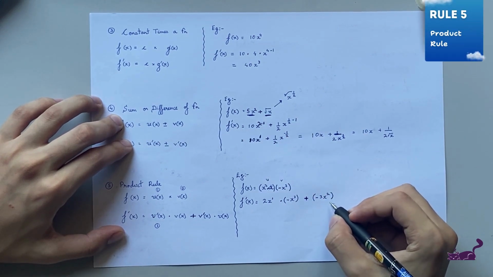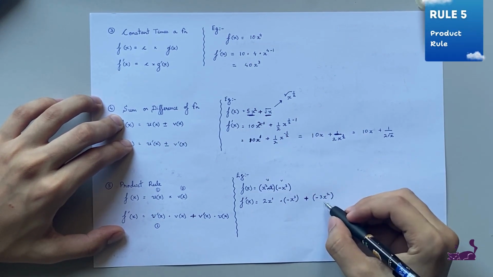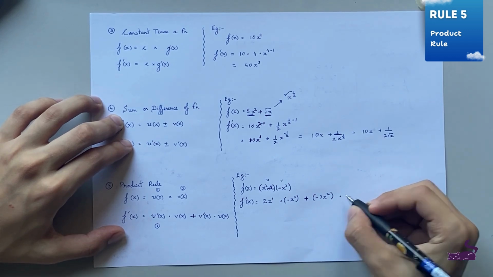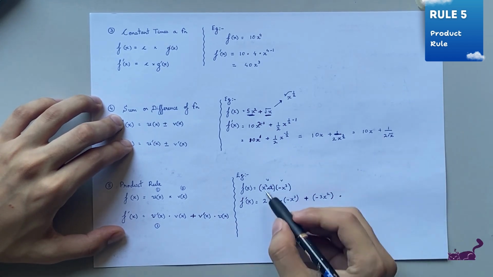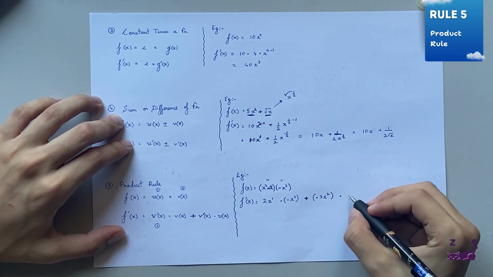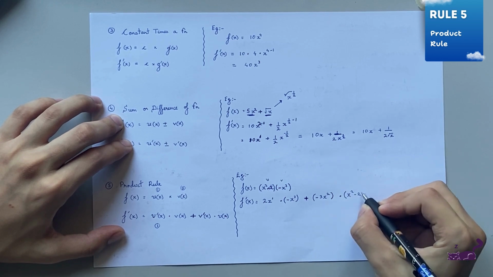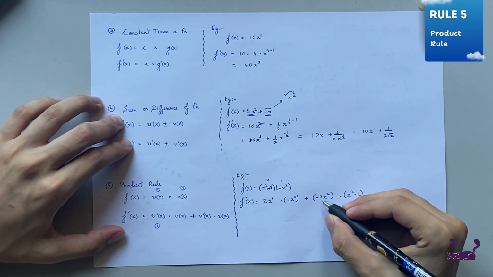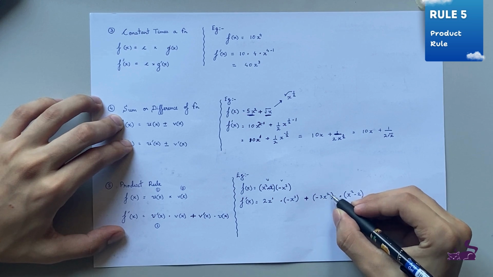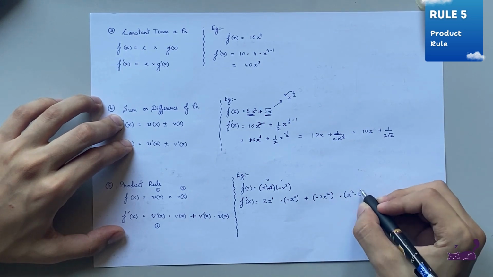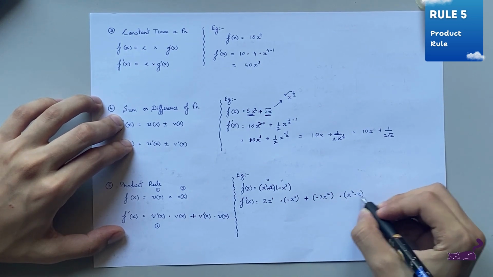Okay, so that's the derivative of v, and then I'm going to multiply that with u. U I'm going to keep the same, which is x squared minus 2. So x squared minus 2. I'm going to keep this in brackets again because we're going to multiply minus 3x squared with the entirety of that function inside.